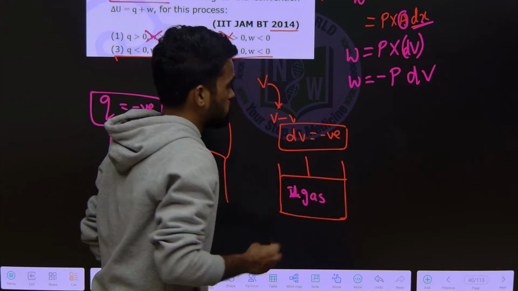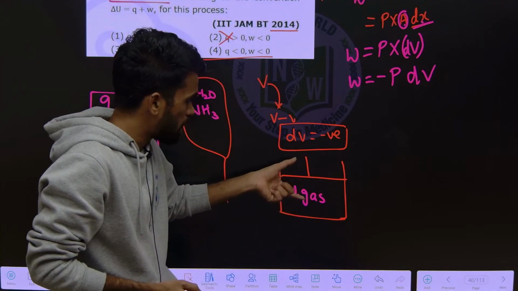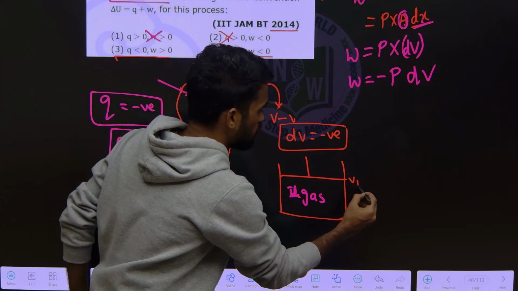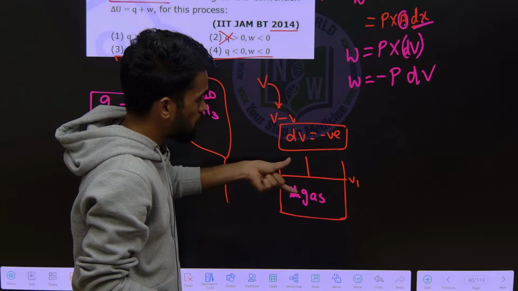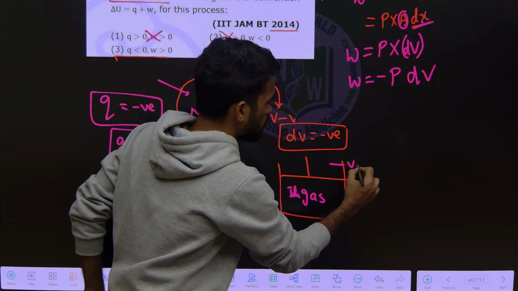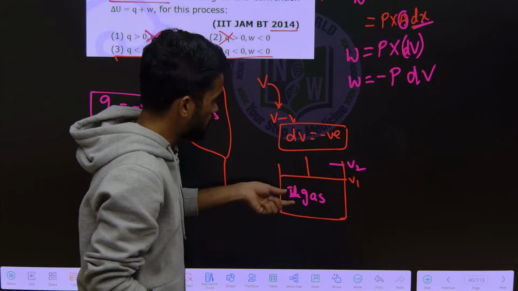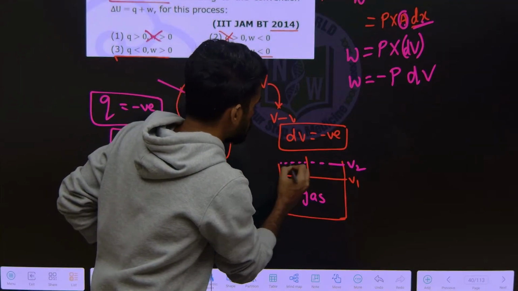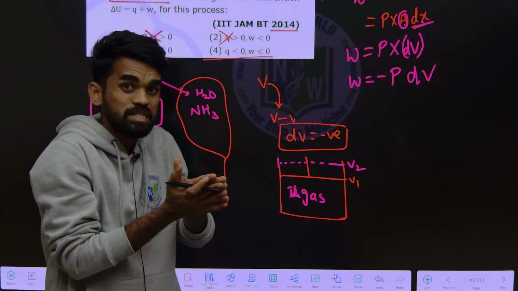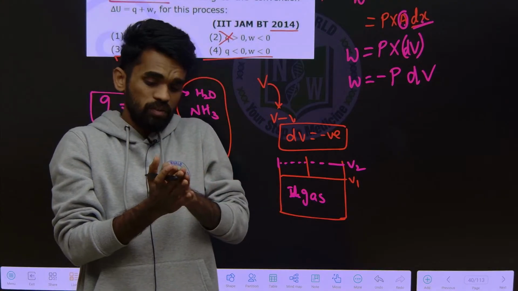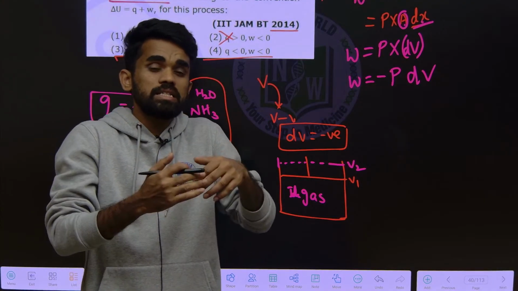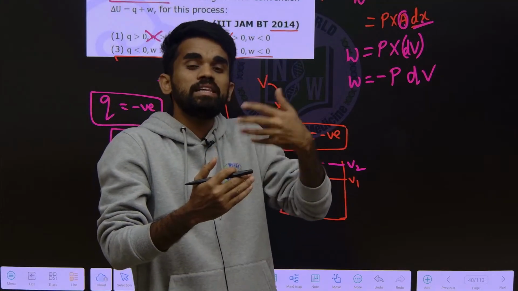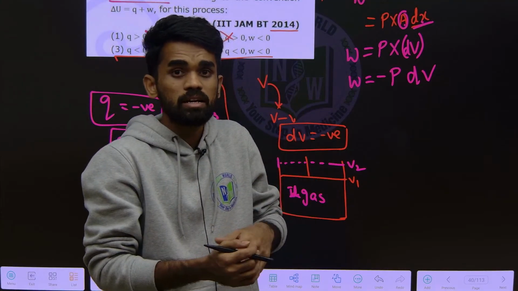Now when this gas is expanding, initially the volume is V1, and it becomes V2. So the piston moves up to here, the volume is expanding, so you can say work is done by the system.